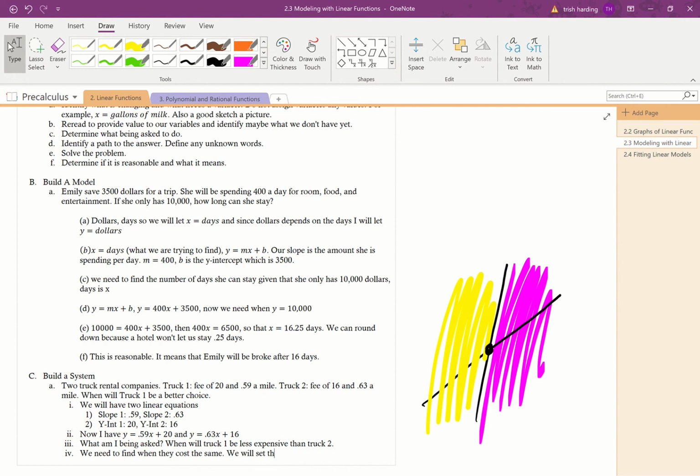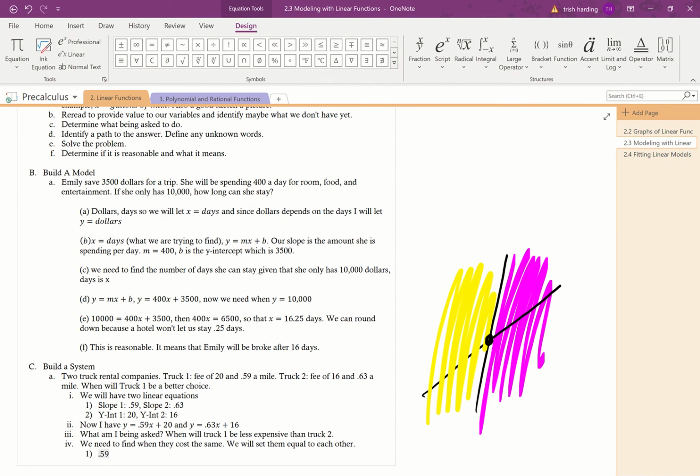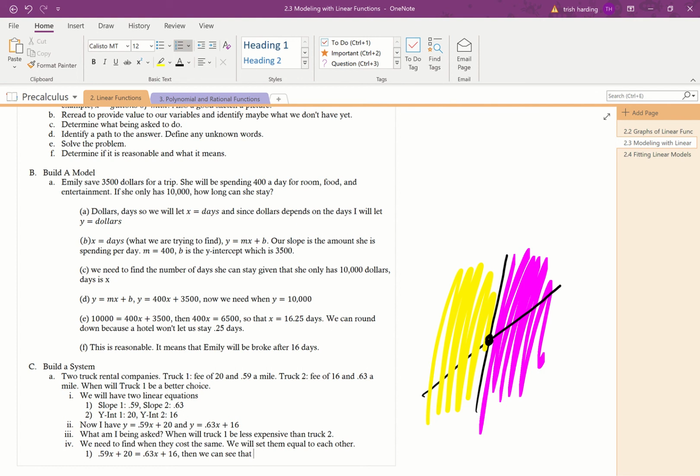We will set them equal to each other. So that means we are going to have 0.59x plus 20 equals 0.63x plus 16. Then we can see that, oh, decimals, hold on.